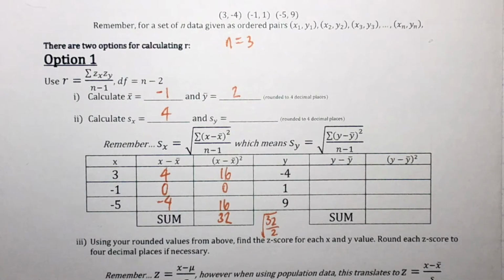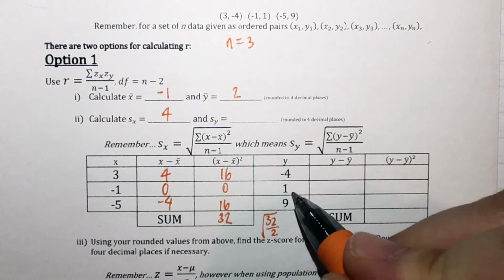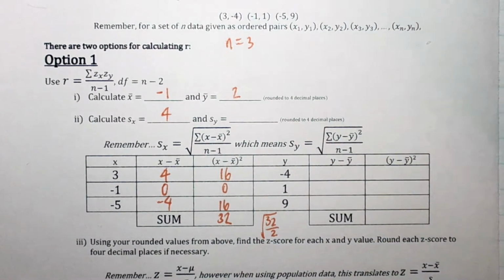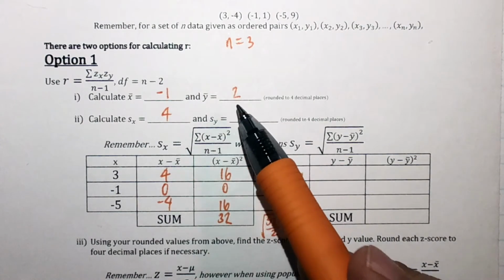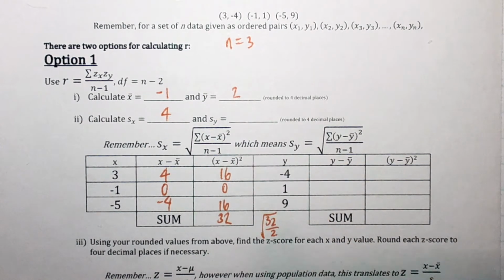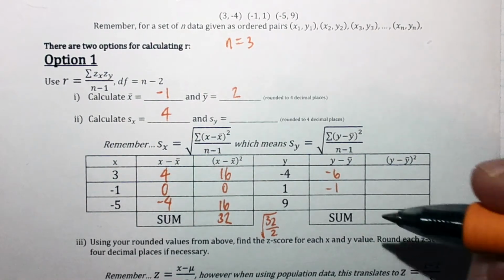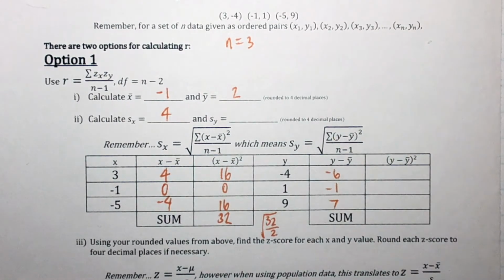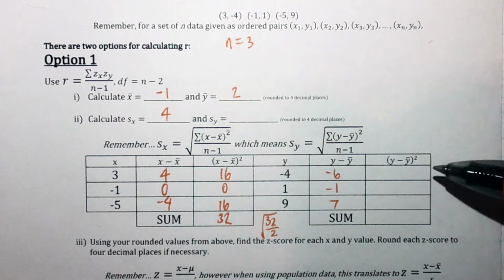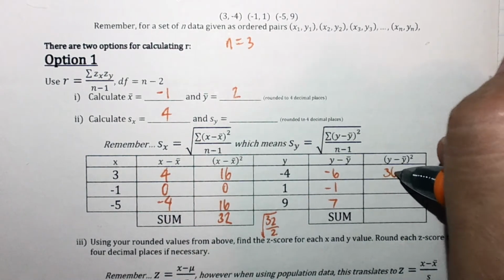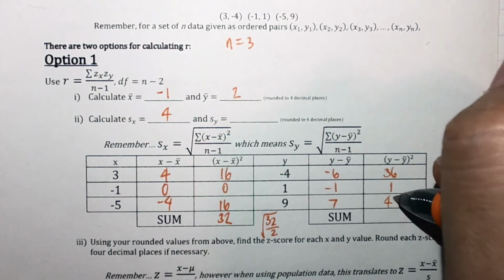Now I'm going to do essentially the same thing for y. So -4, 1, and 9 are the y values from those points, and I'm going to subtract the mean of y. -4 minus 2 is -6, 1 minus 2 is -1, 9 minus 2 is 7. When I square each of those, I get 36, 1, and 49.